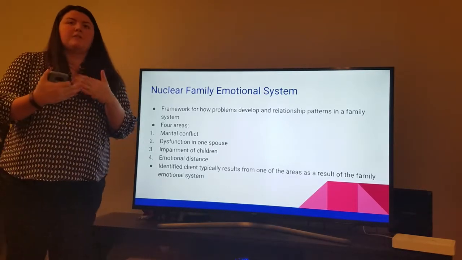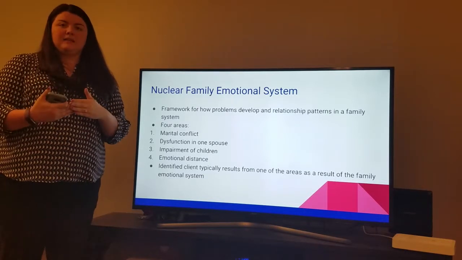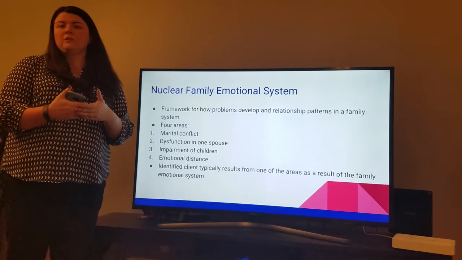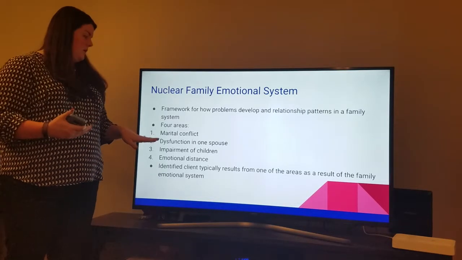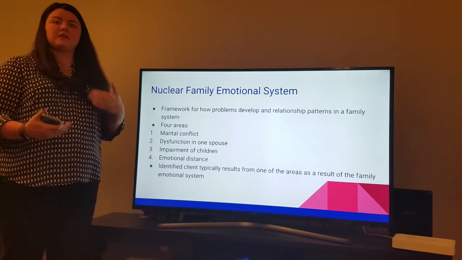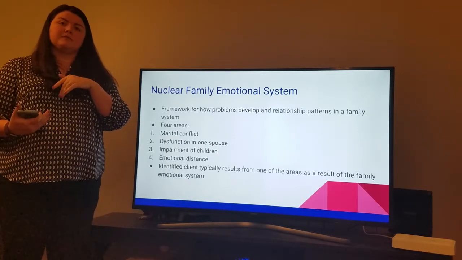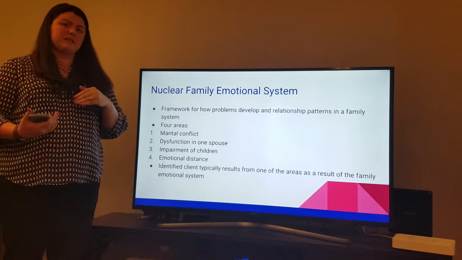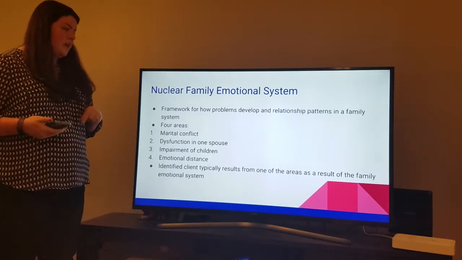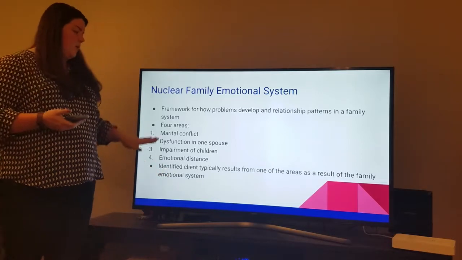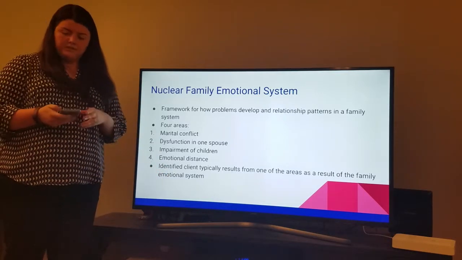This is where someone gets tied up in the anxiety of the family, and instead of trying to deal with it or going through one of these top 3 where there's some dysfunction in the individual, they just simply cut themselves off. We'll find out later why this doesn't really work in the long run. And so again, the identified client typically results from one of these areas of concern.